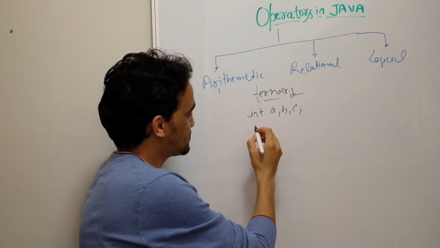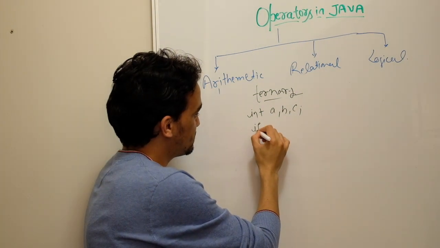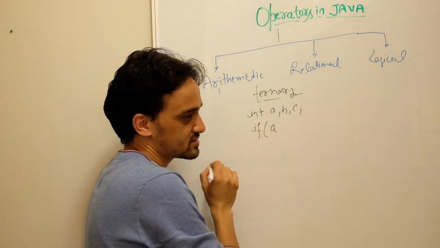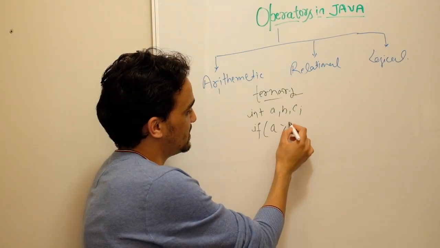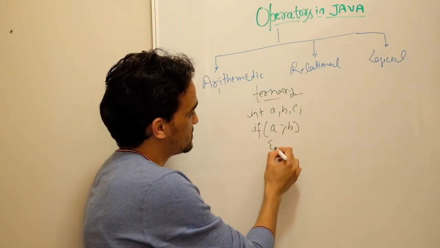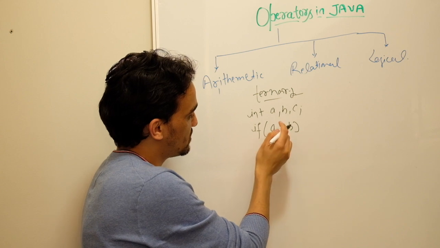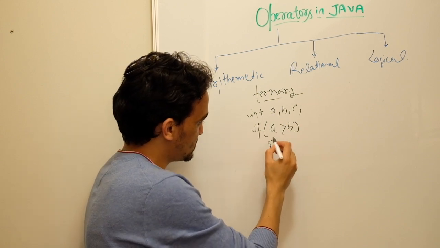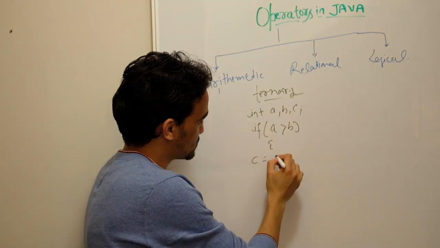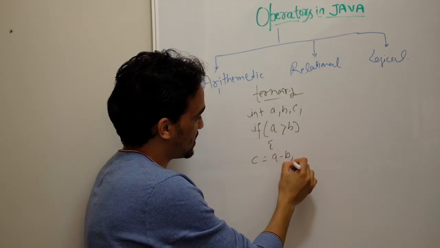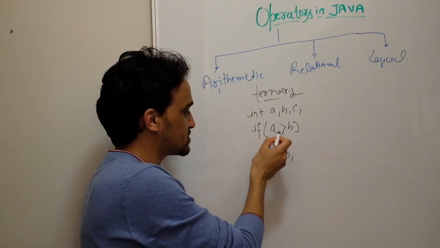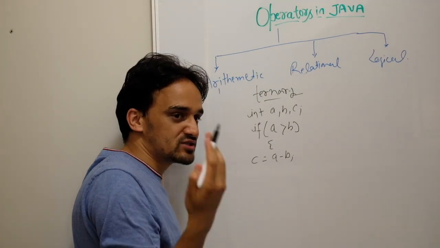If a is greater than b, then do c equals a minus b. Let's suppose our requirement is to always have a positive value.